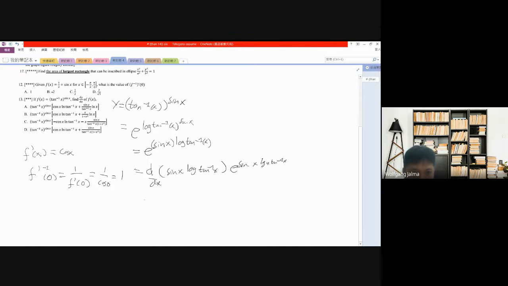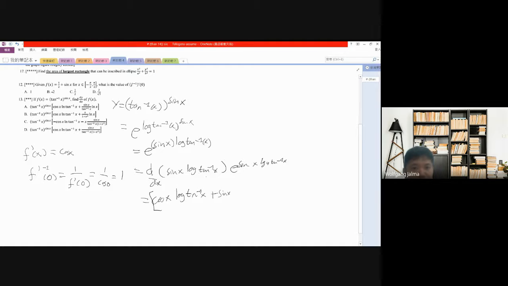And this becomes cos x times log tan inverse x plus sin x times the derivative of tan inverse x over tan inverse x.